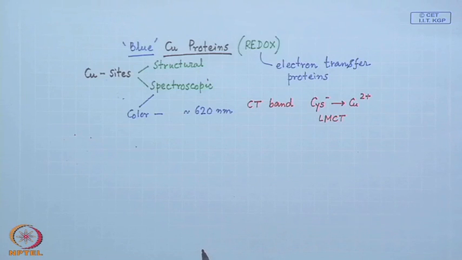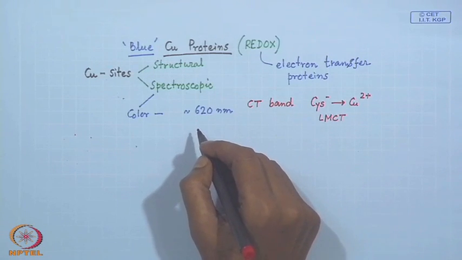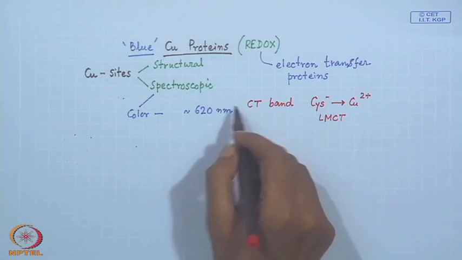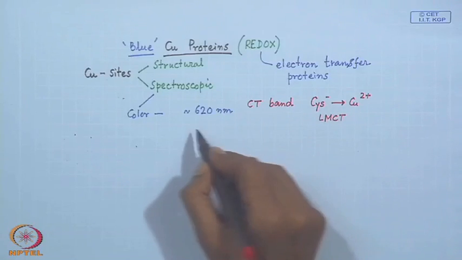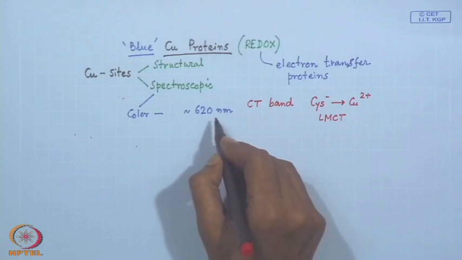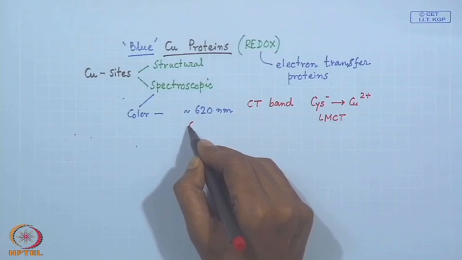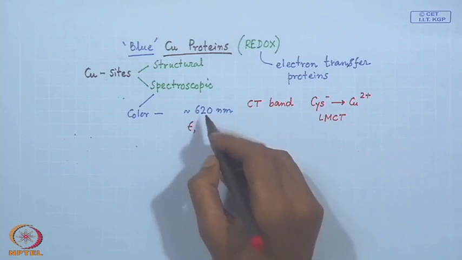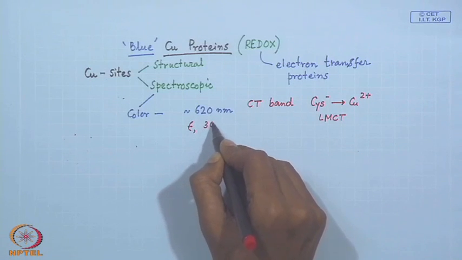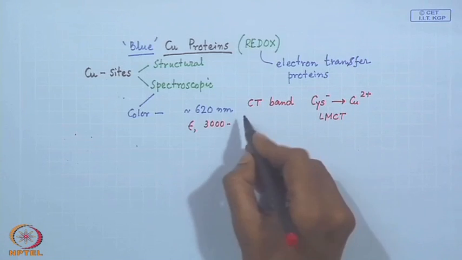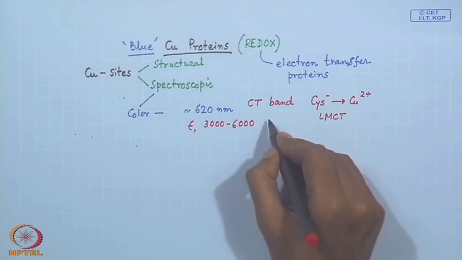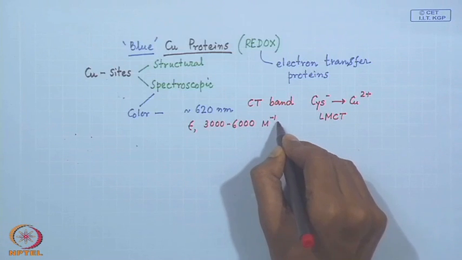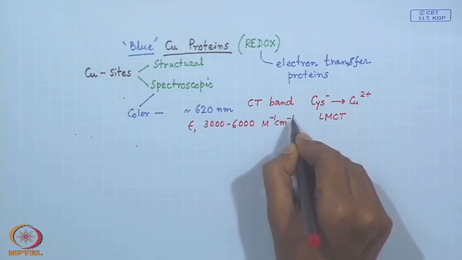So, once we get this strong electronic absorption, the electronic absorption spectra immediately tell us that this particular type of species has a lambda max value of 620 nanometer and epsilon value ranging from 3000 to 6000 mole inverse centimeter inverse.